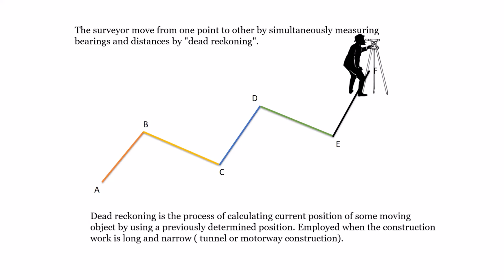Dead reckoning is the process of calculating the current position of some moving object by using a previously determined position. It is employed when the construction work is long and narrow, for example, tunnel or motorway construction.